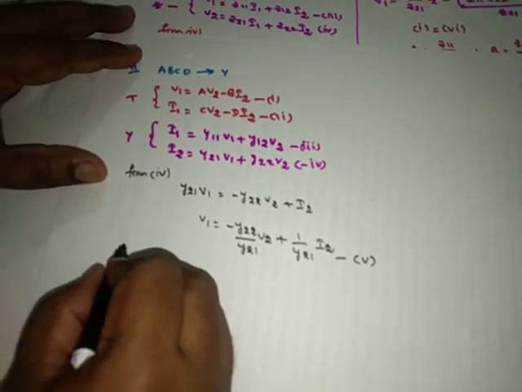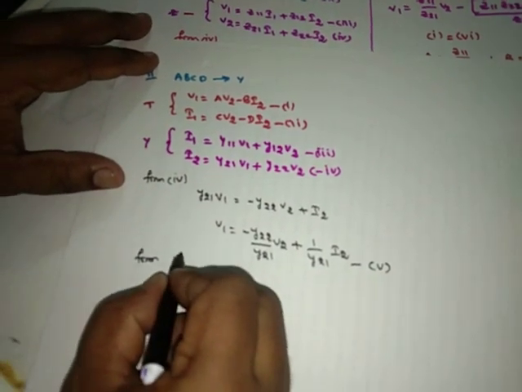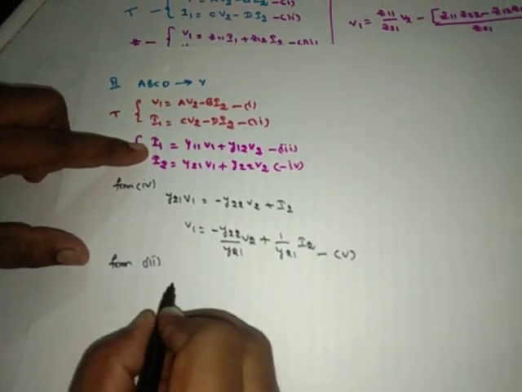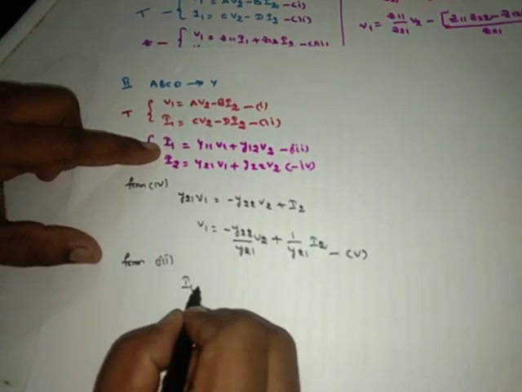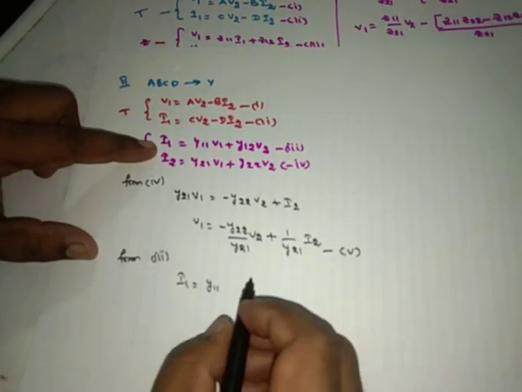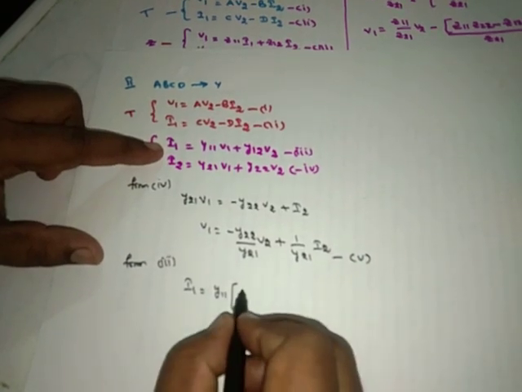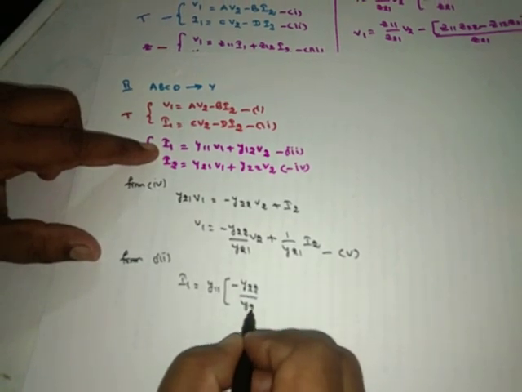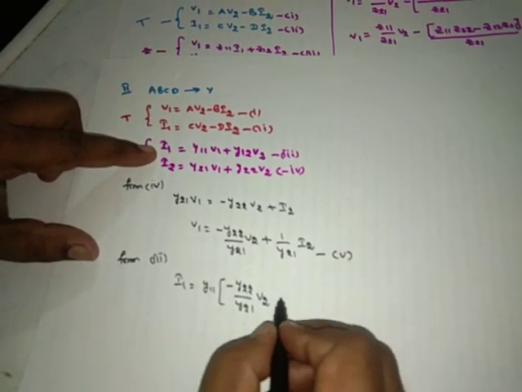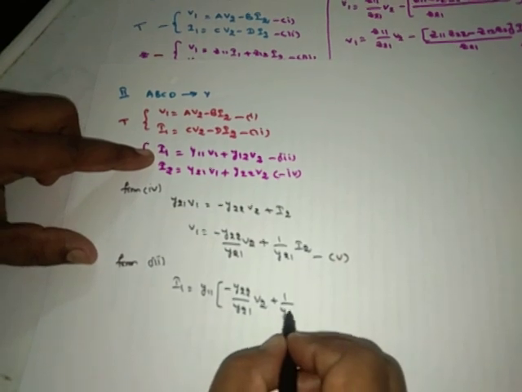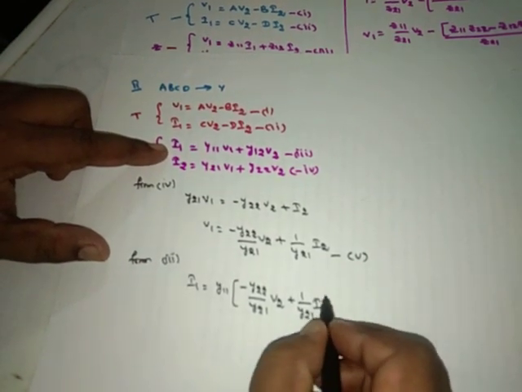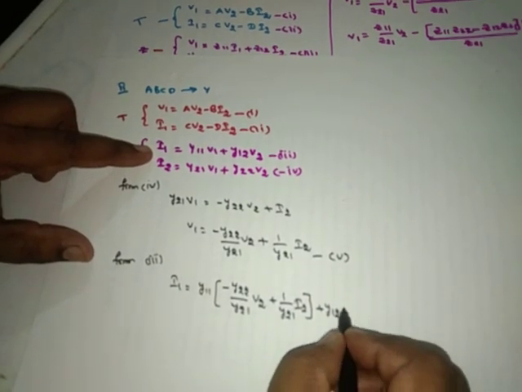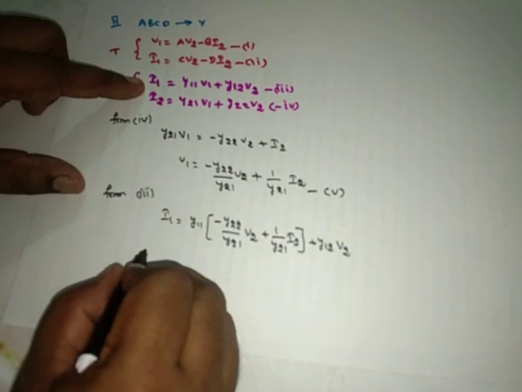Now from 3, I1 is equal to Y11 V1. Replace V1 here: minus Y22 by Y21 V2 plus 1 by Y21 I2, plus Y12 V2. Simplify this one.